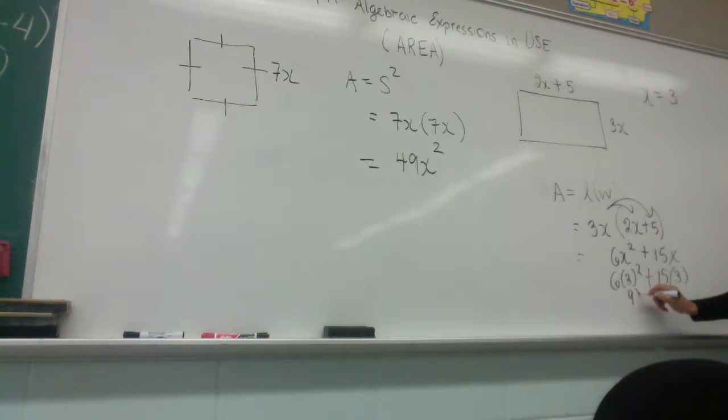So now I'm evaluating. 9 times 6 is 54. 15 times 3 is 45. And then it equals 99 centimeters squared, meters squared, or units squared, depending on what I had made these dimensions.